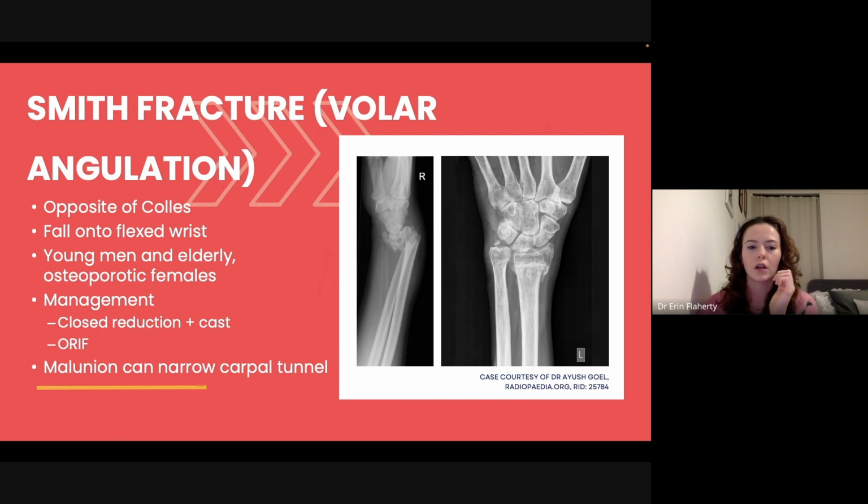So a lot of the time, if you do not get a good union of this, you can narrow the carpal tunnel, and people can be a lot more commonly able to get things like carpal tunnel syndrome and even compartment syndrome because of that.